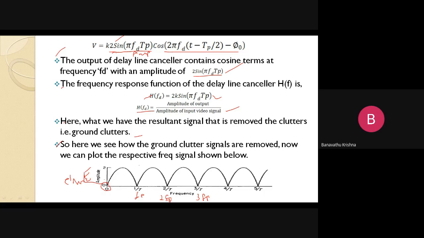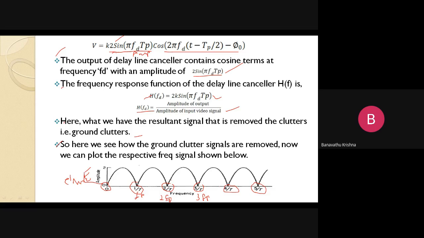These are different low frequency signals regarding the ground signals, so in that situation the output response in terms of amplitude is 0.